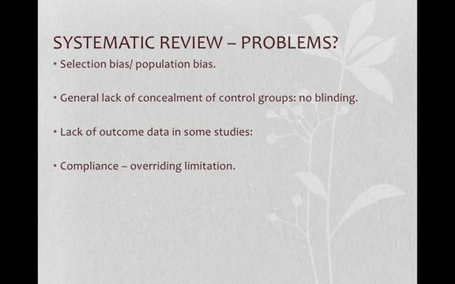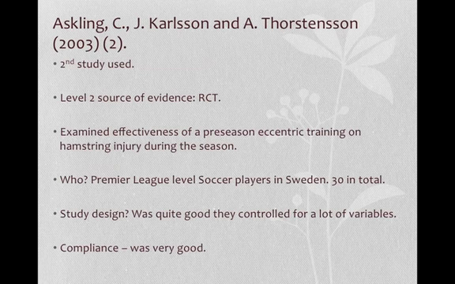A lot of the studies came up with a lack of outcome data, and a fair bit of that came back to the fact that compliance was very low. Teams did not collect enough data. People in certain interventions didn't go through with it until the end. So there were quite a few problems, and they become clearer when we look at the individual studies.